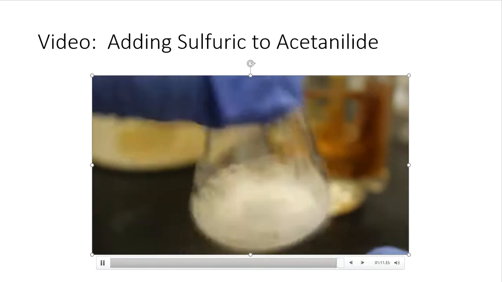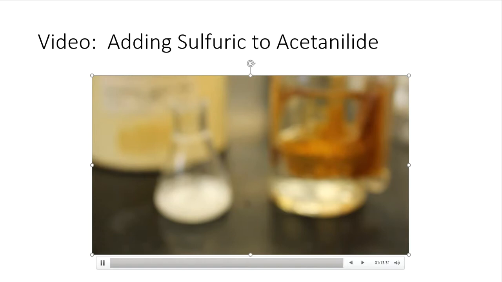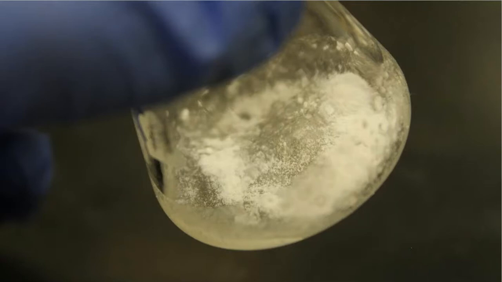This is not our nitrating. This is just adding sulfuric to hopefully dissolve this stuff up. So after I added the sulfuric to that, it didn't fully dissolve. This is what I ended up with. And before I go on to the next step, I do want it to dissolve on me. So this is not good enough. I'm not really happy with this, but I'm going to move on to our second.